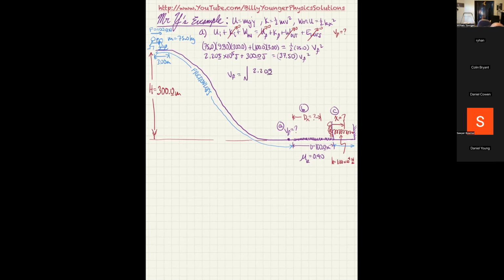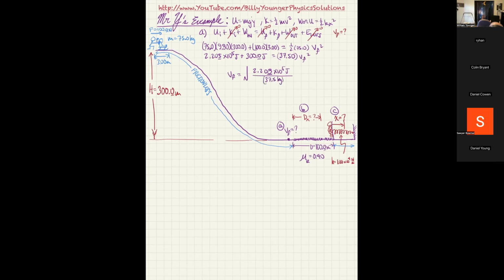That's what happens when you add the 300 to the 2.205. That's joules, by the way. Oh, and I also forgot to times 10 to the fifth. That's joules. And then we're dividing that by 37.5. In this case, it's kilograms.